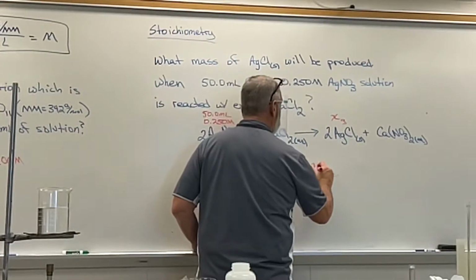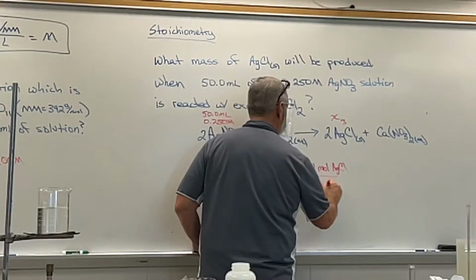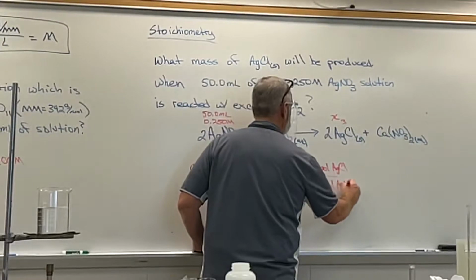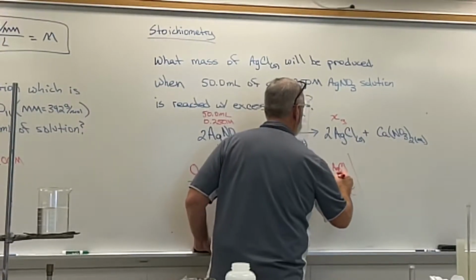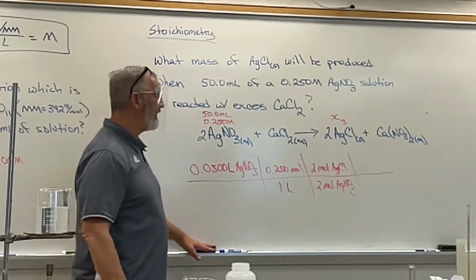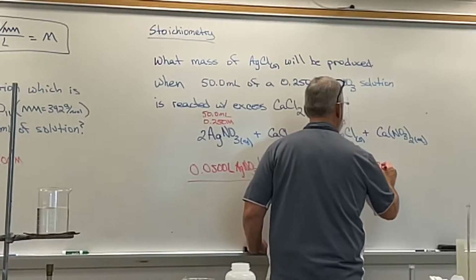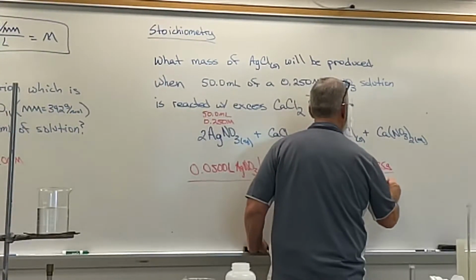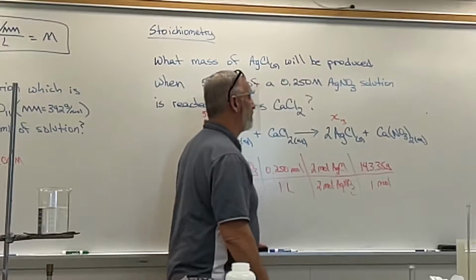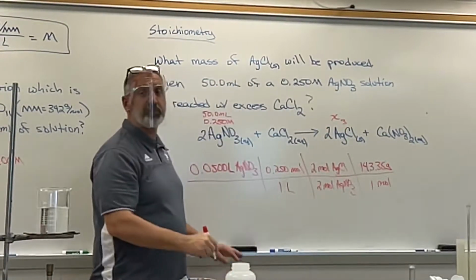It's always what we're looking for, AgCl, over what's given. Then how do I go to grams? Molar mass, 143.35. So now I have grams of AgCl, which is what I'm looking for, so I stick a fork in it because I'm done.